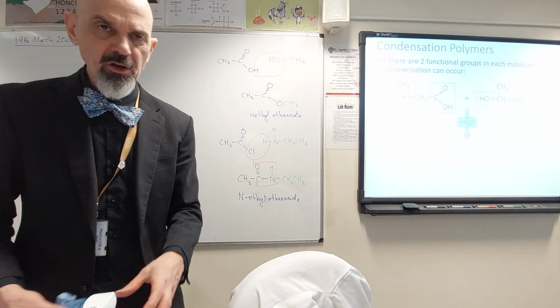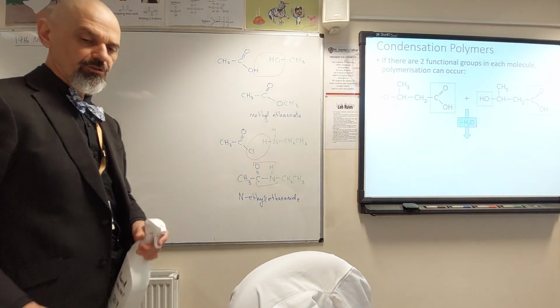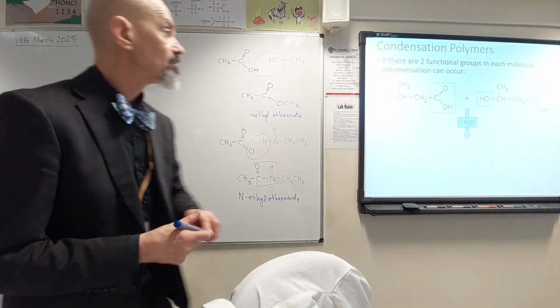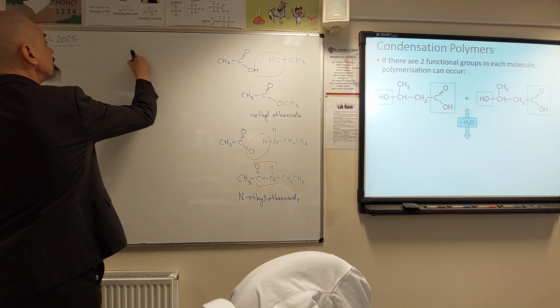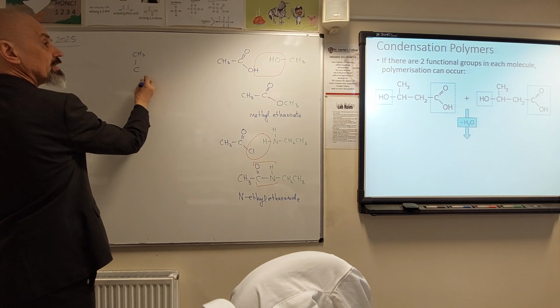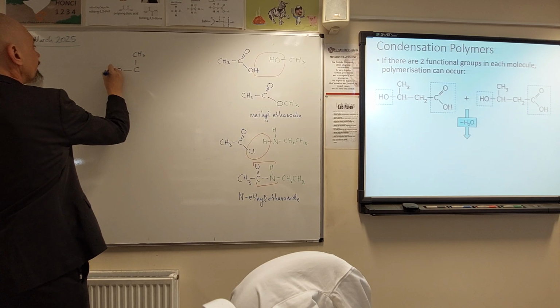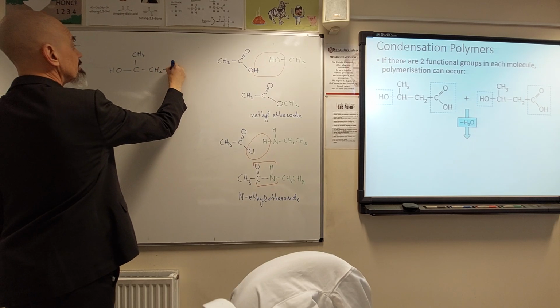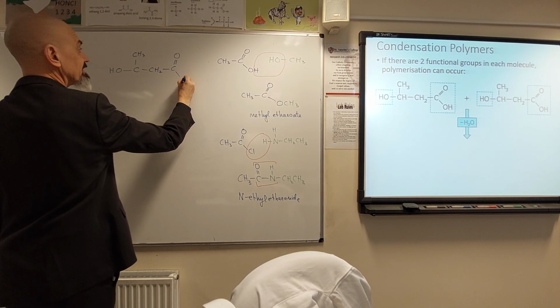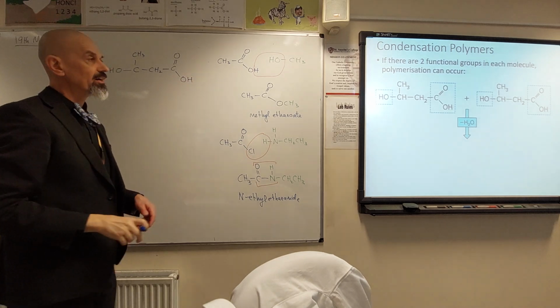If I have a molecule with 2 functional groups in it, so here's my molecule. I've got an OH at one end, and then I've got a carboxylic acid on the other.